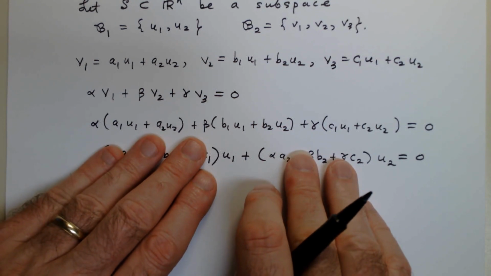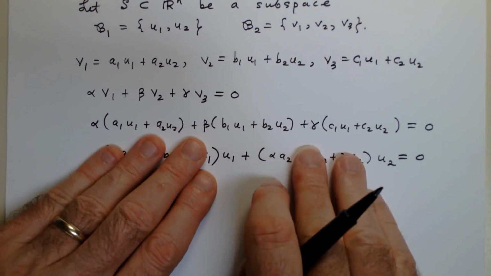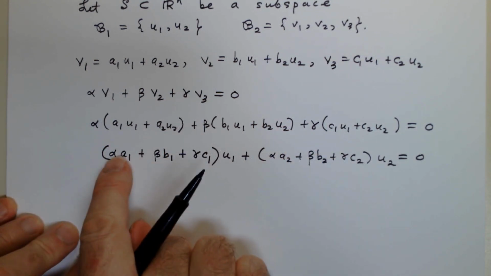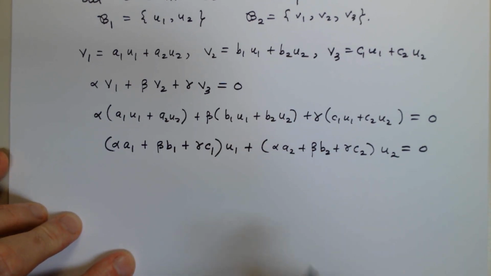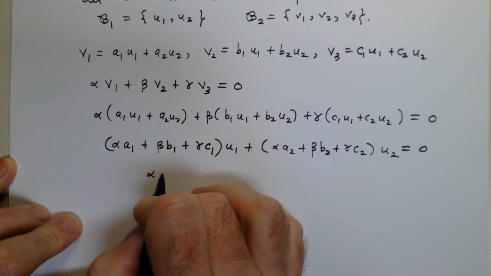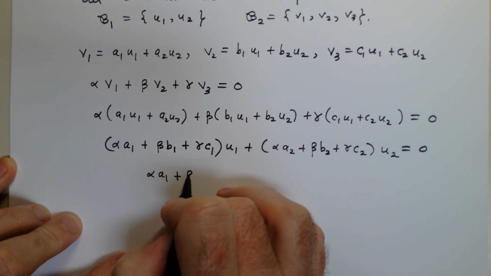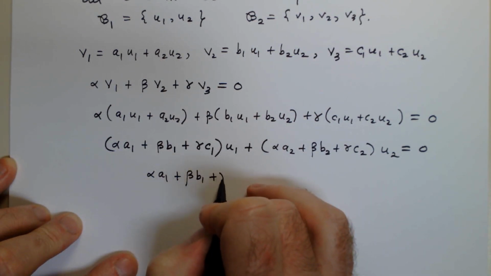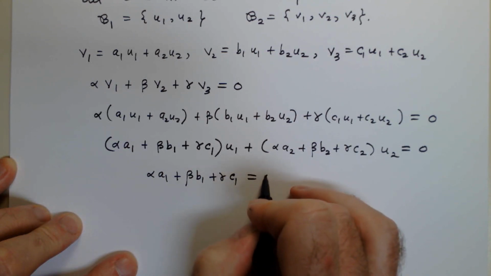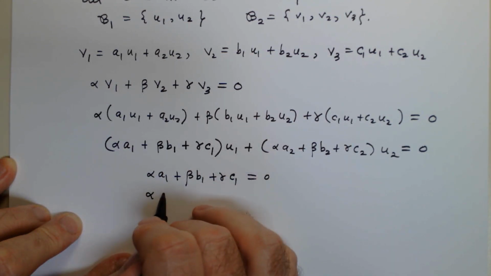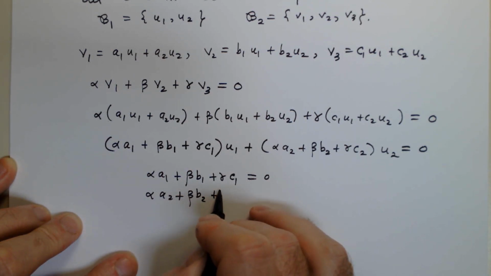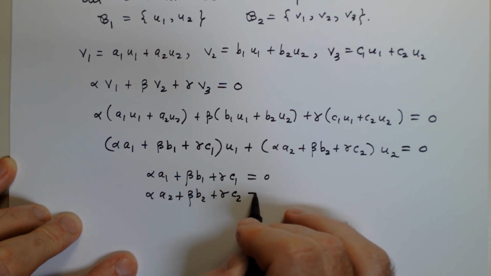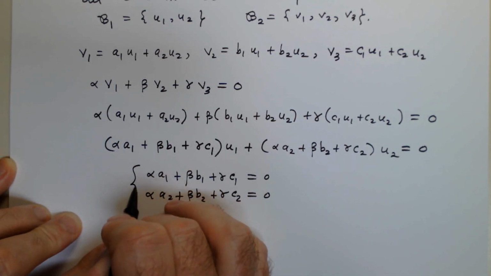Only the trivial solution is maintained here in this equation. So we know that this coefficient and this coefficient must be simultaneously equal to 0. So this tells us that alpha a1 plus beta b1 plus gamma c1 must equal 0, and alpha a2 plus beta b2 plus gamma c2 must equal 0.